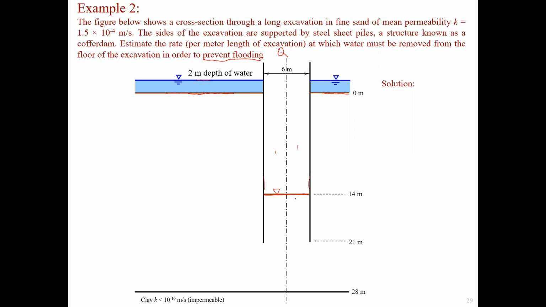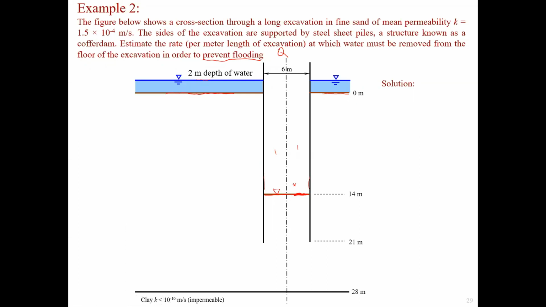Otherwise, if your water level rises up to this level, it means this excavation is already flooded. So we have to do the calculation at this critical scenario or critical point.